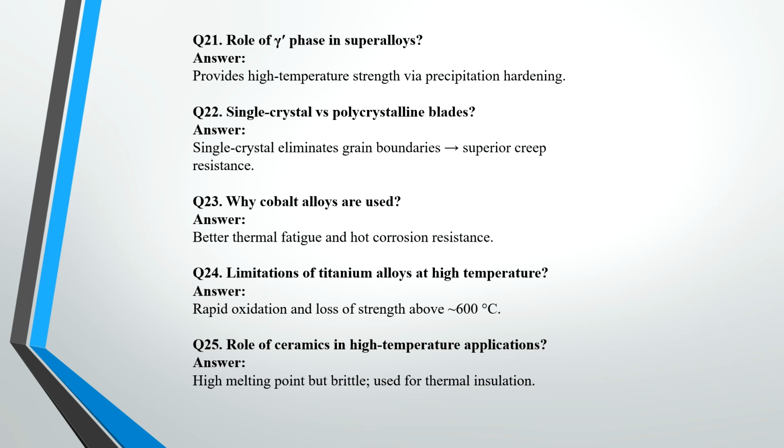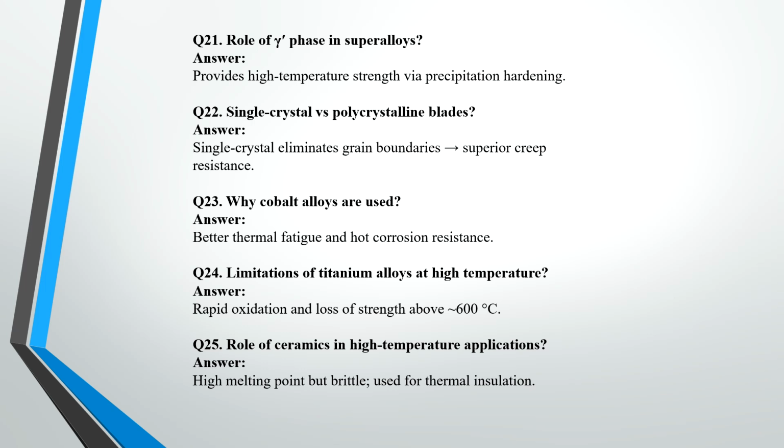Why are cobalt alloys used? They have better thermal fatigue and hot corrosion resistance. What are the limitations of titanium alloy at high temperature? The limitation is rapid oxidation and loss of strength above 600 degrees centigrade.